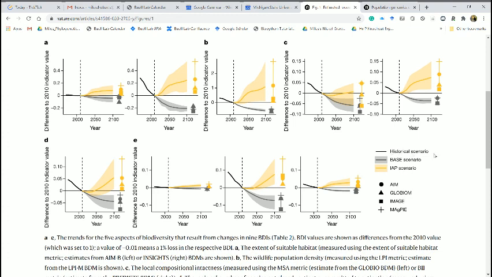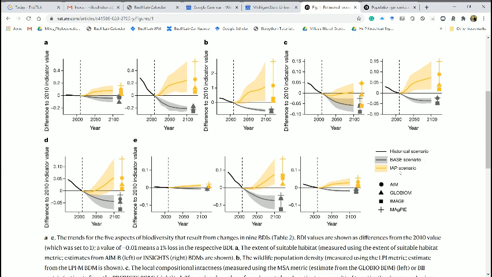These solid black lines represent historical data. The gray lines represent some kind of baseline scenario, I think, which I believe just means business as usual. What will happen if we don't change how we are using land and producing food?